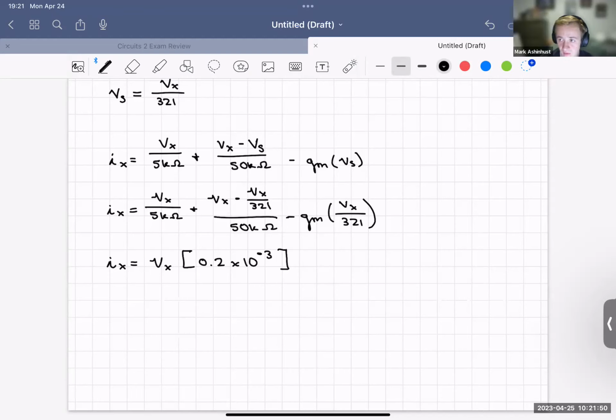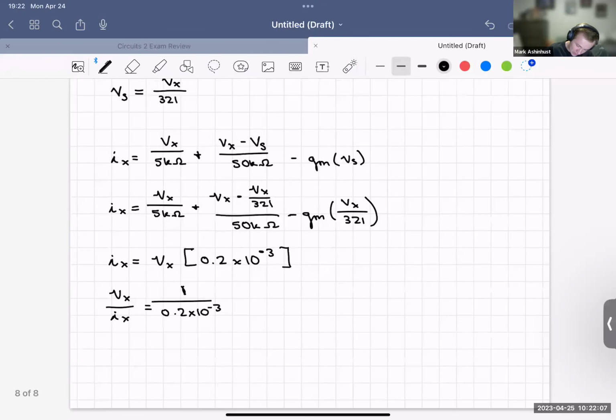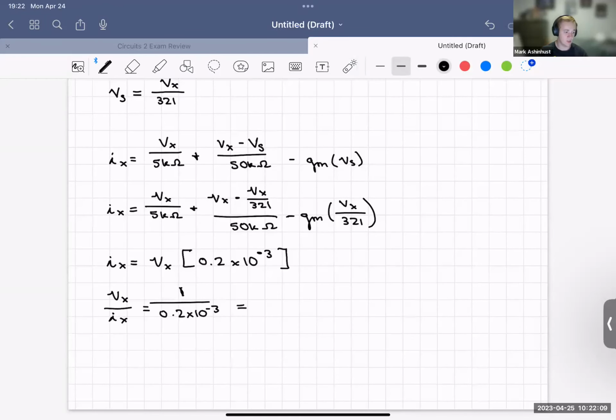GM, remember, is a value that we already know, which means that VX over IX, in this case, our output resistance, is 1 over 0.2 times 10 to the negative 3, which is 5 kilo ohms.